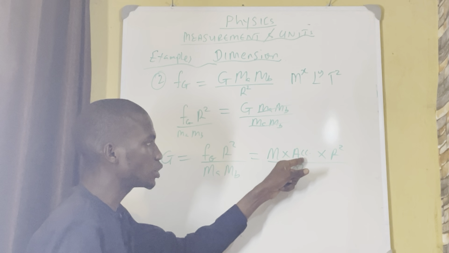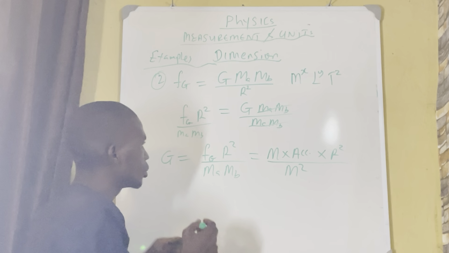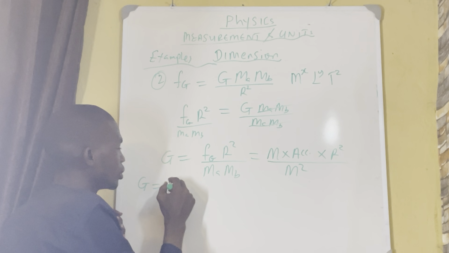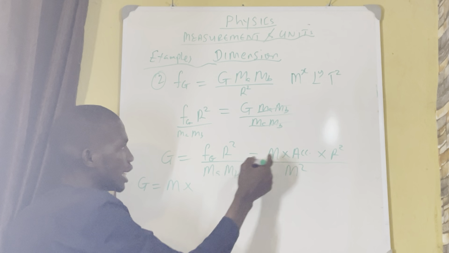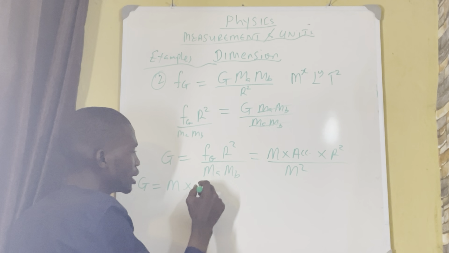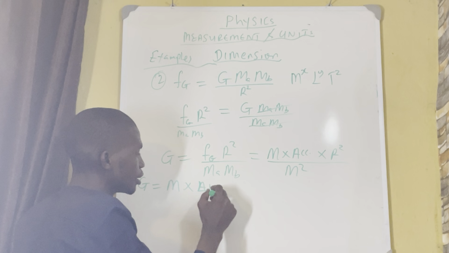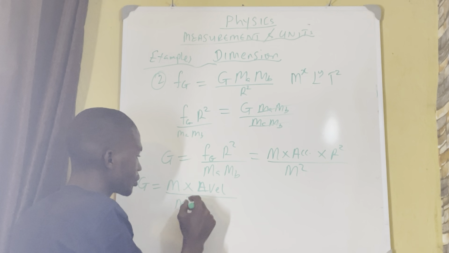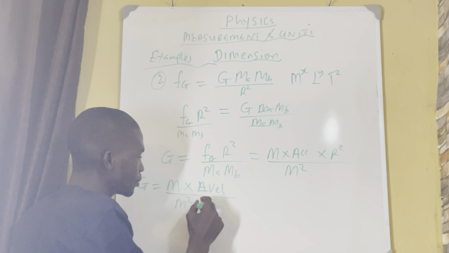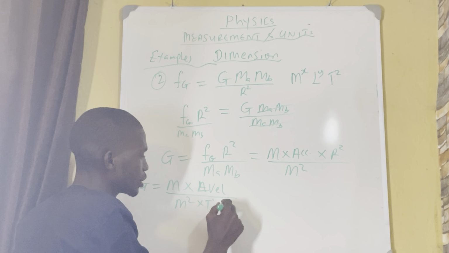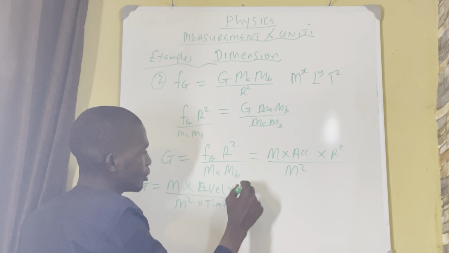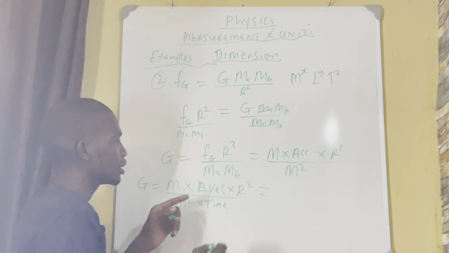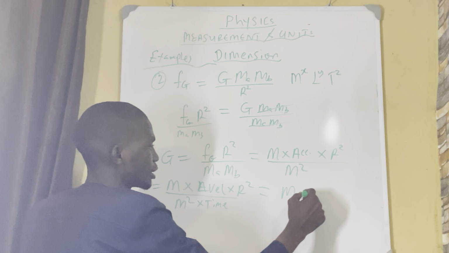So now we convert this acceleration. What we get is G equals mass times change in velocity over time, all over mass squared, times the time of the acceleration, times r squared. We are trying to get the velocity. Now we have mass times velocity.